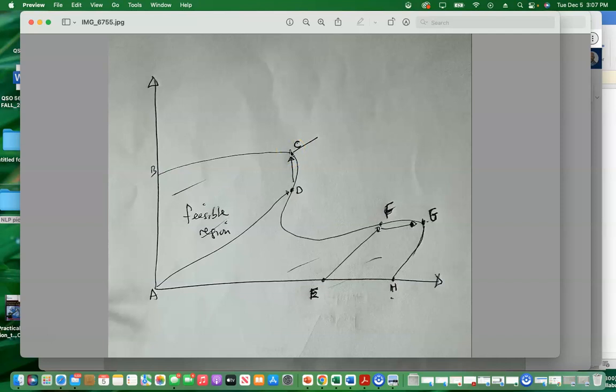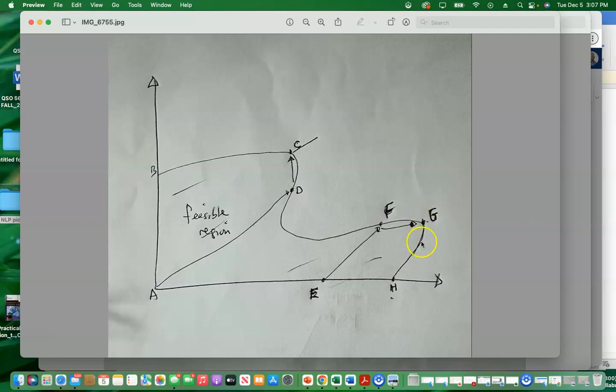But that is not the best solution, because if the algorithm starts at point E, it can move to point F, and it will also move to point G, where it will improve the objective function value.